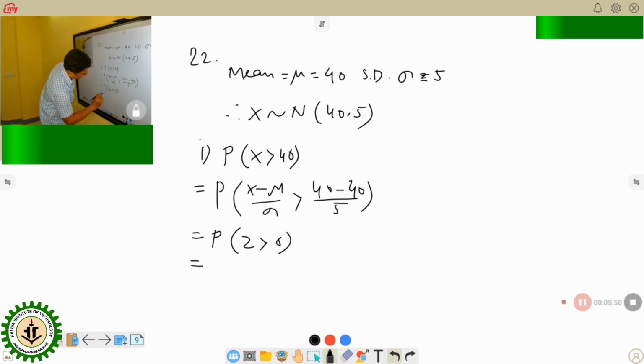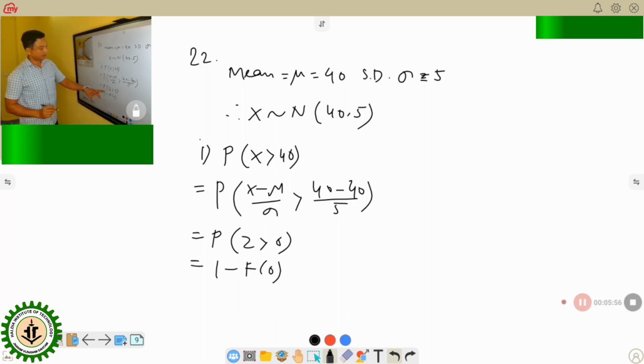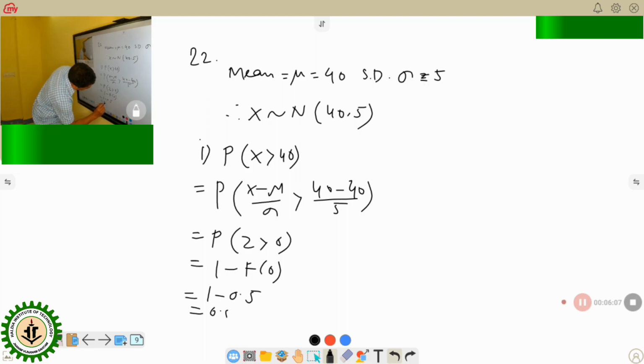So this can be written as 1 minus F of 0. So F of 0 is equal to half and that's why it is equal to 0.5. This is the first answer.